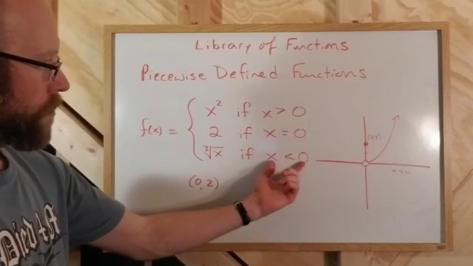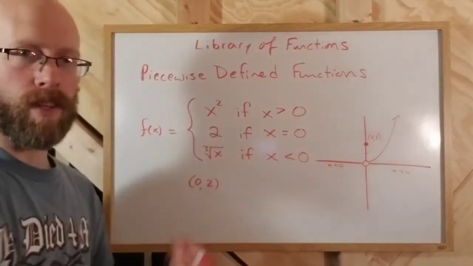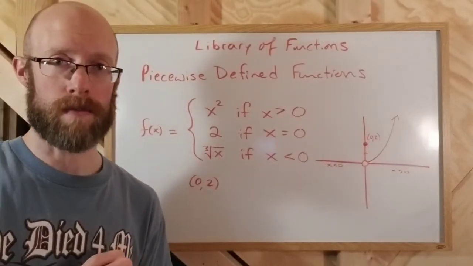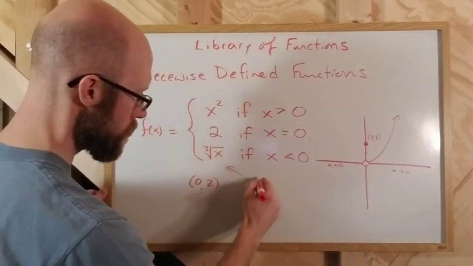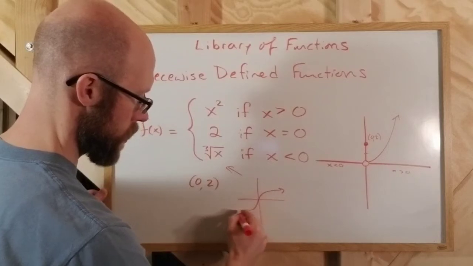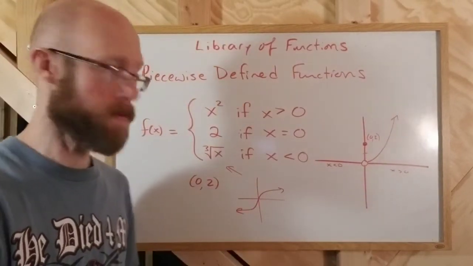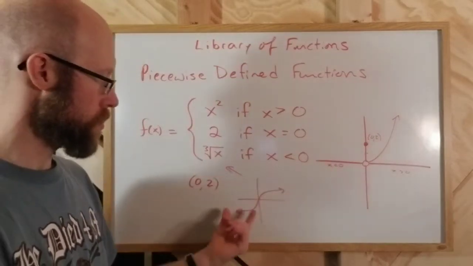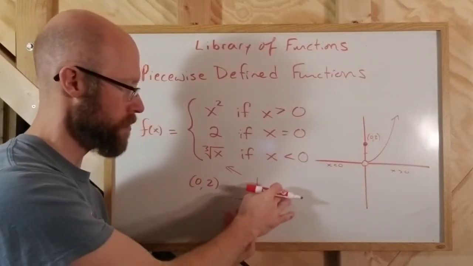And then for x's that are less than 0, that would be everything on the left here, we want the cube root function. Well, remember, normally the cube root function will go up to the right, kind of leveling off, and down to the left, kind of leveling off, and have this origin symmetry. But because we're only concerned about x values that are less than 0, I really only need the left half, and I can get rid of the right half.